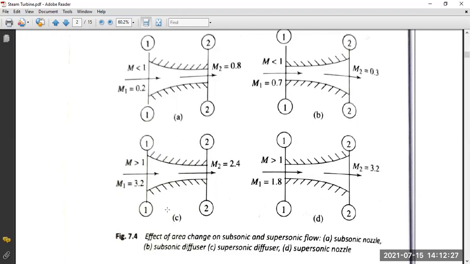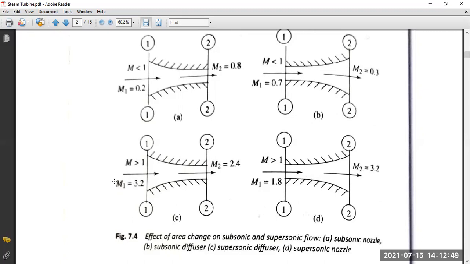There is another convergent nozzle, where at 1 the area is maximum, and at 2 the area is minimum. If the flow is supersonic, meaning more than the velocity of sound, what will happen?